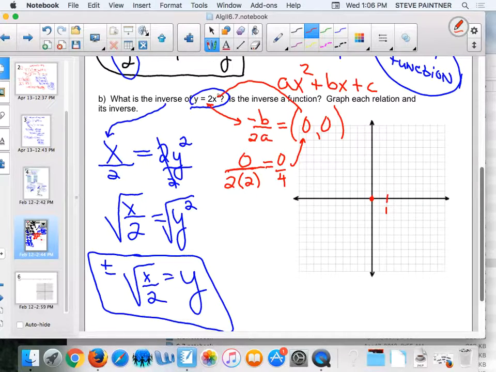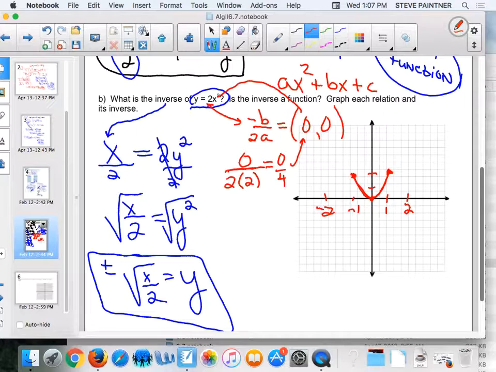Put a 1 in. Put a negative 1 in. What are you going to get? Yeah, you're going to get up 2. Up 2. So there you go, guys. Basically, that is the parent stretched by 2. What are you going to get when you put in a 2, though? 8?